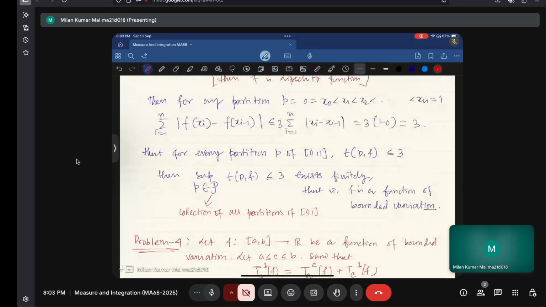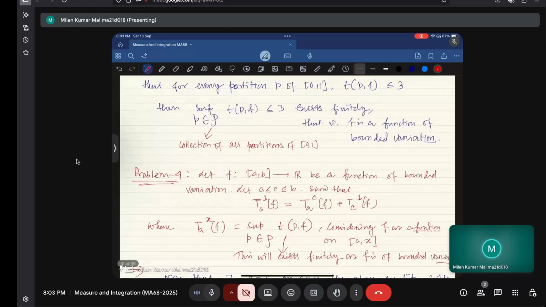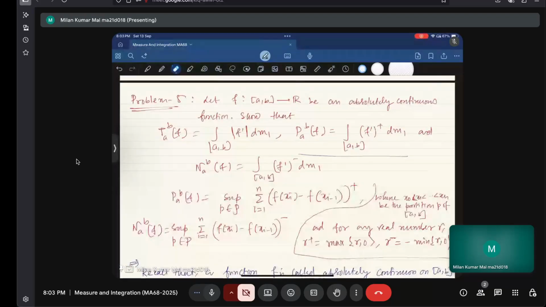Next we proved that the total variation of a function f of bounded variation on the interval a to b equals the total variation on a to c plus that on c to b, where c is between a and b. And next we obtained another result: for an absolutely continuous function, the total variation is the Lebesgue integral of mod of f dash, where f dash is the derivative of that function.